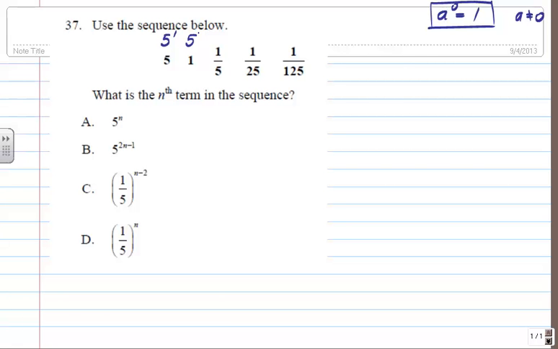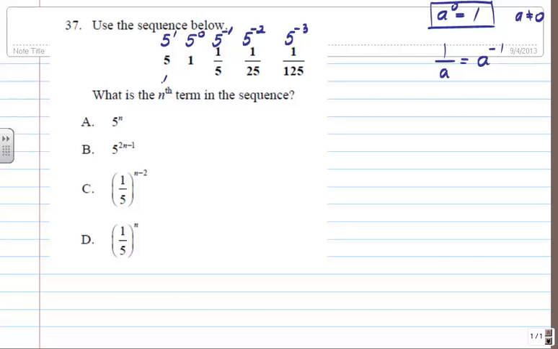So 1 here, I can write as 5 to the power of 0. 1 over 5 is actually 5 to what power? You guys remember? If I have 1 over a, and I want to write this expression as a power, that's nothing else but a to the power of -1. So this would be 5 to the power of -1. The next one is 5 to the power of -2, and the next one is 5 to the power of -3.